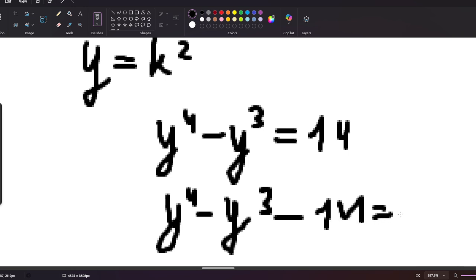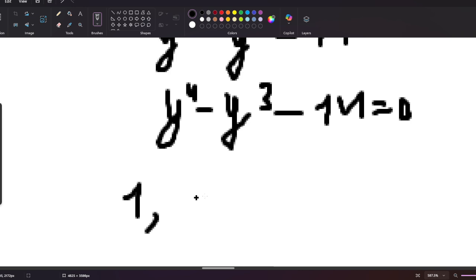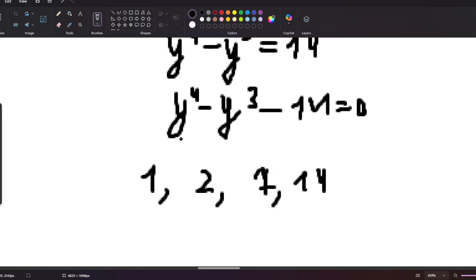Now again, applying the rational root theorem, we need to check these cases. Plugging in 1, this is not a solution. Plugging in 2, that's not a solution either. Plugging in 7 is way too much. Same for 14.